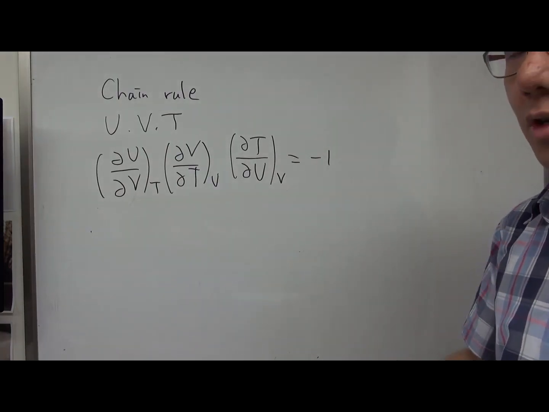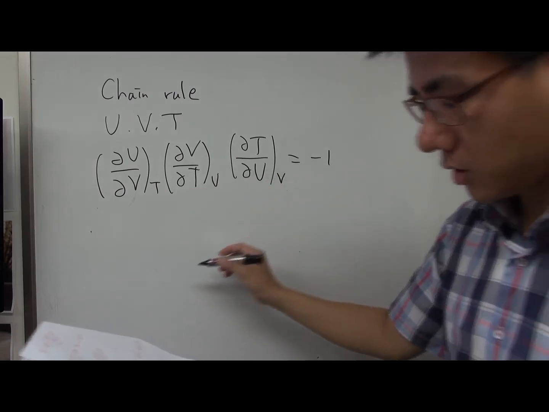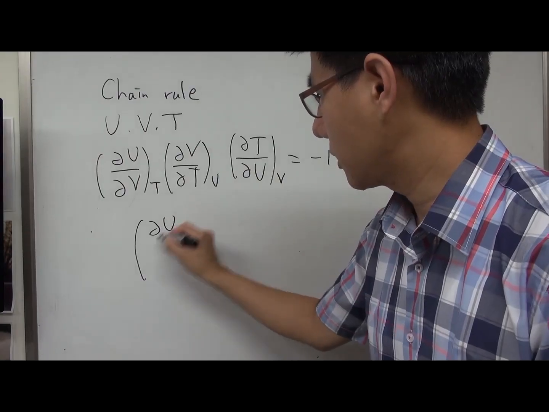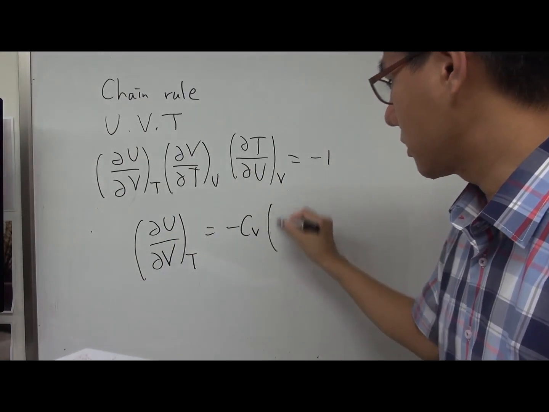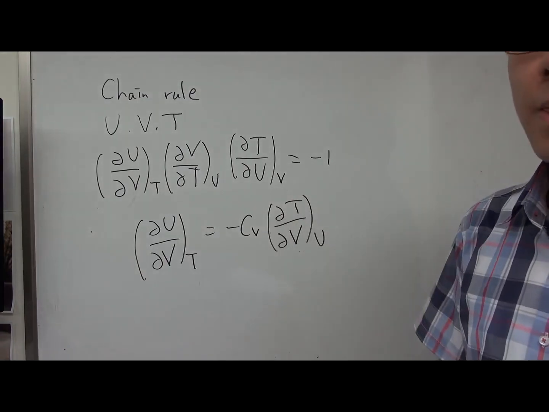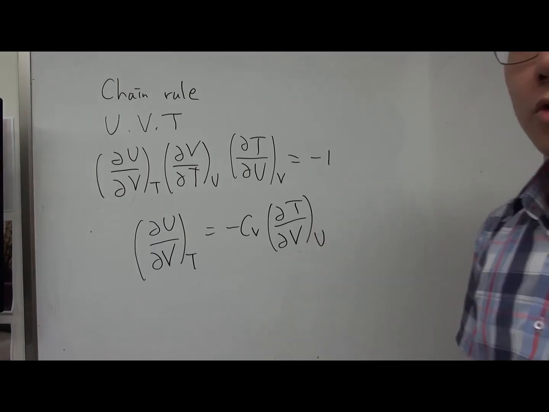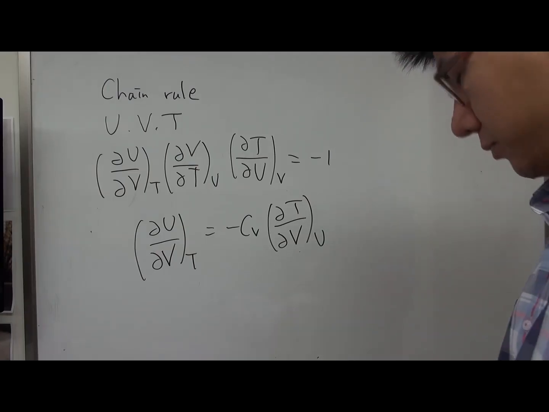Let's look it up in your mathematics textbook. Okay, if you rearrange this, you can get this same expression. So either way, you can do the previous procedure that internal energy is 0 for Joule experiment, or you can simply use chain rule using these three variables. Okay.